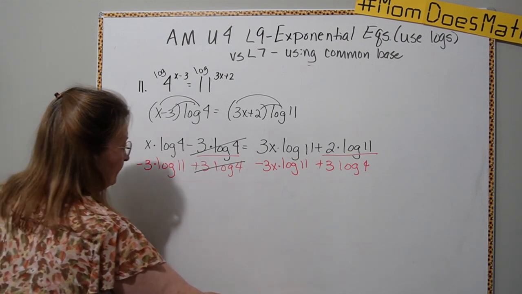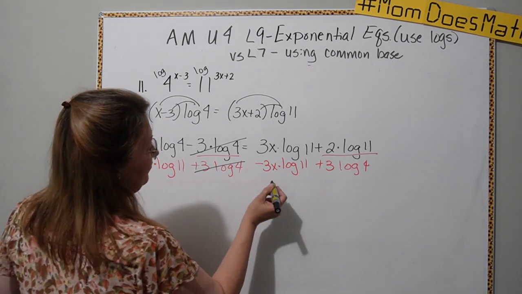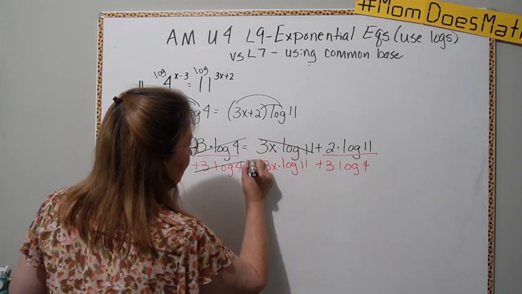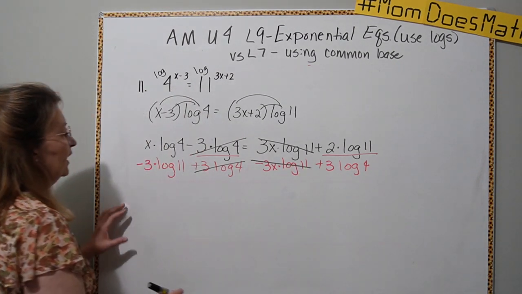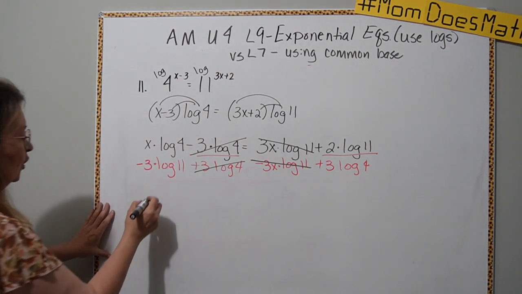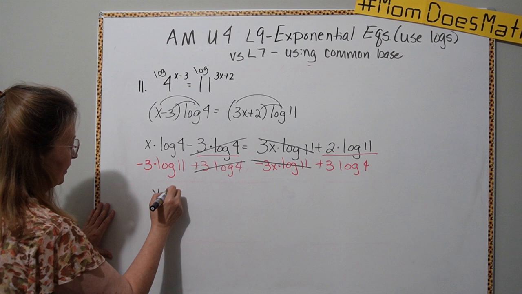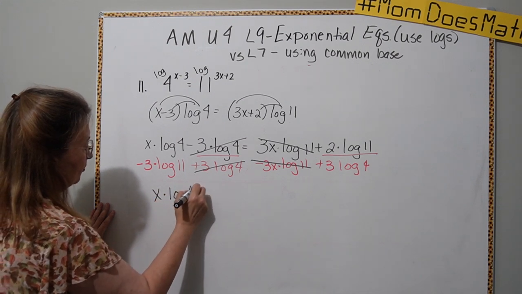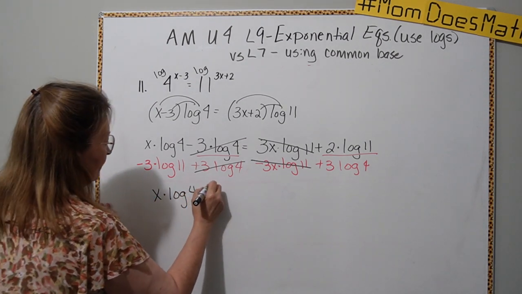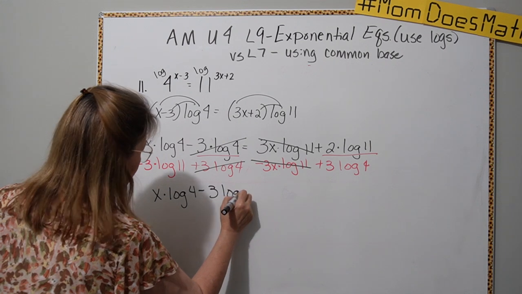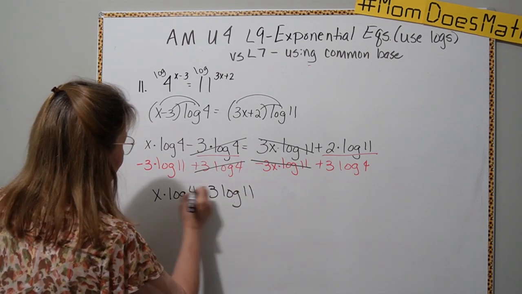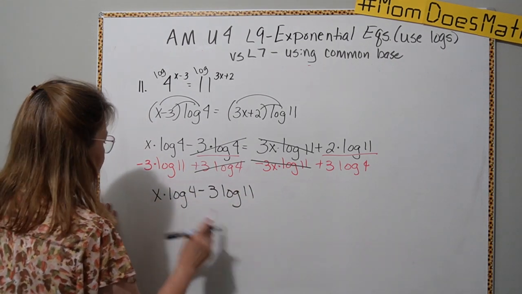Okay? Now let's clean this up. So this and this will cancel. Now, what do I have over here? Well, I have x log 4 minus 3 log 11, and this was 3x. This is 3x.